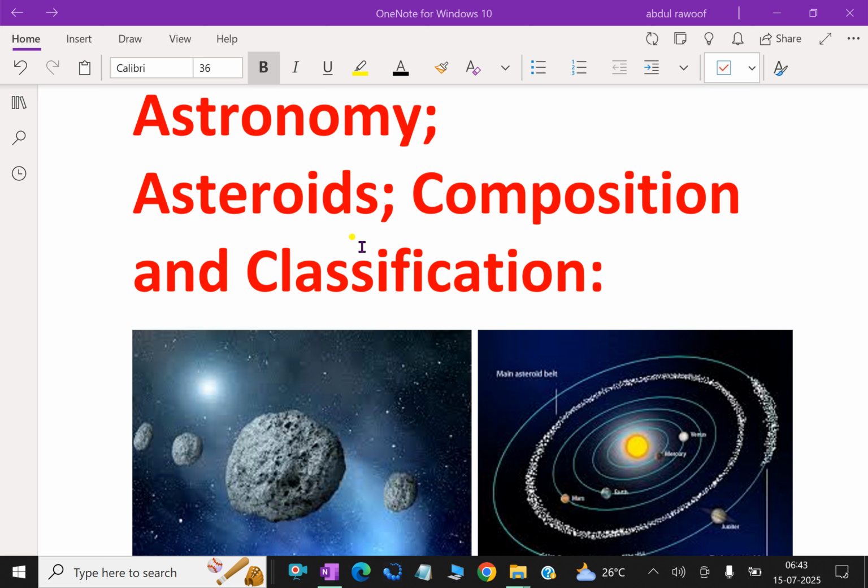Aside from composition, there are other important differences in the internal structure of asteroids. Most are solid, indicating that they must have been molten at some point in their existence. Others are rubble piles. This means that they are loose collections of pieces held together by the force of their gravity.